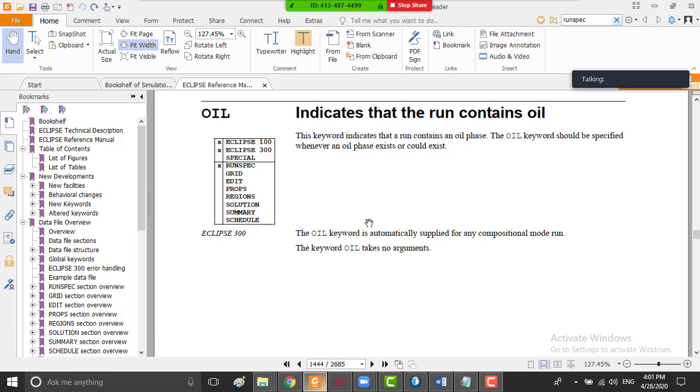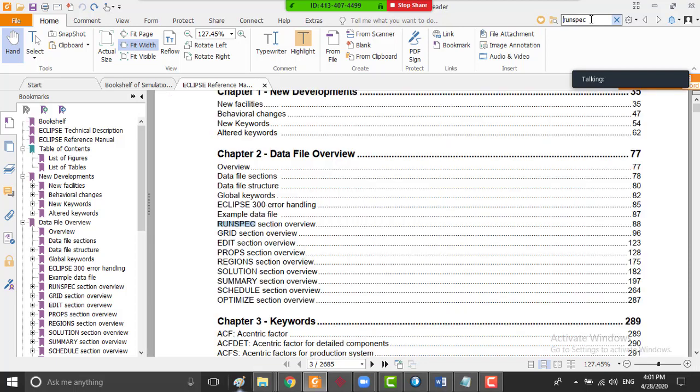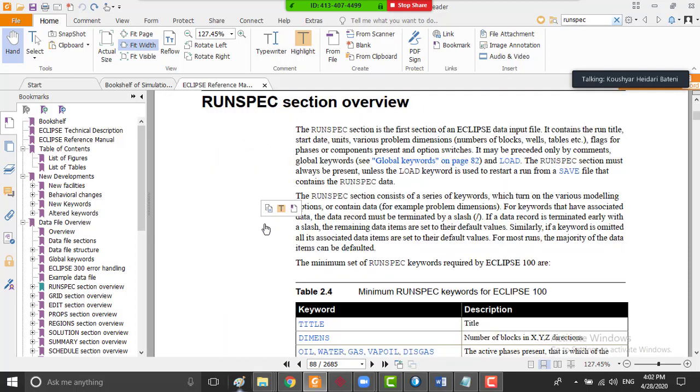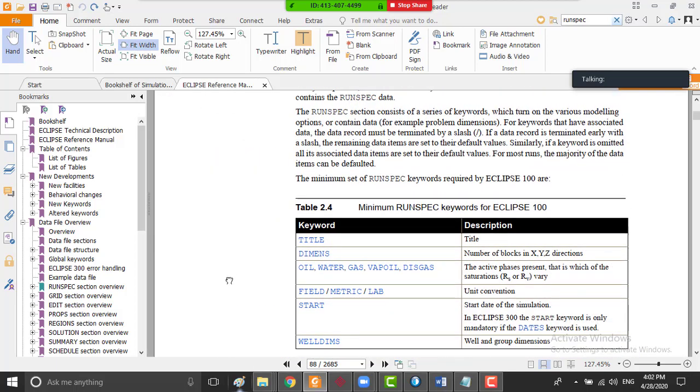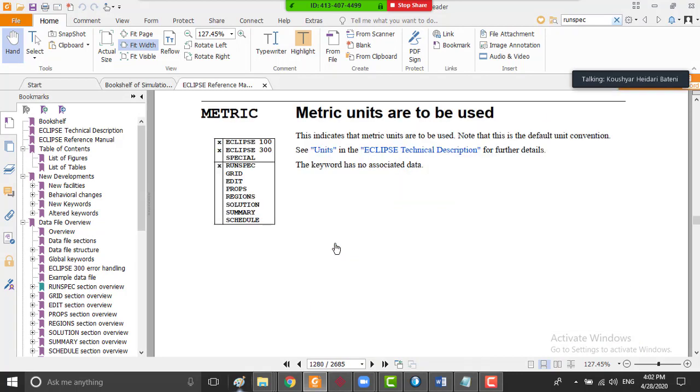Now, back to the run spec section codes. Field, metric, lab. So in Eclipse 100, 300, and in general, you have 3 unit conventions.